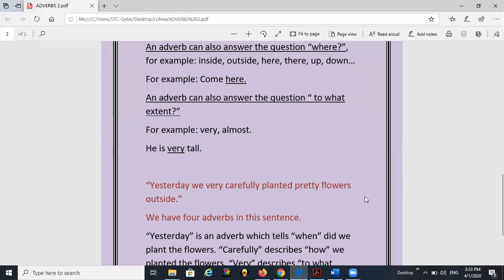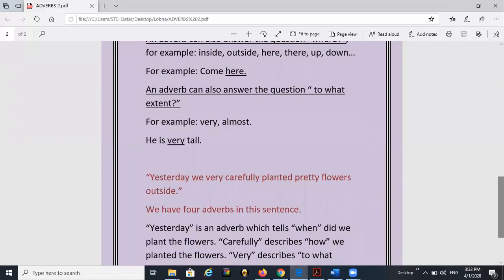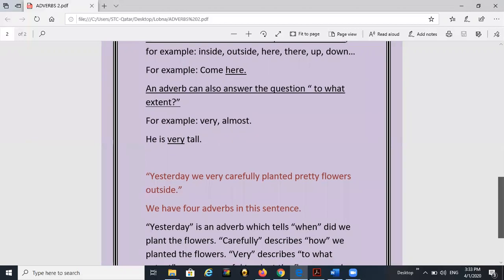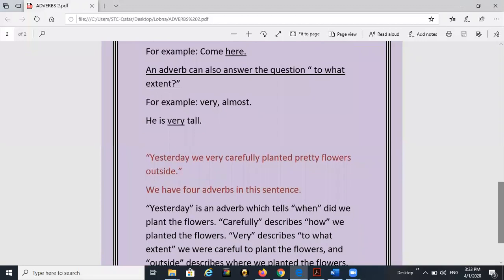The word carefully describes how we planted the flowers. We planted the flowers carefully. So it is answering the question how. The word very describes to what extent we were careful to plant the flowers.